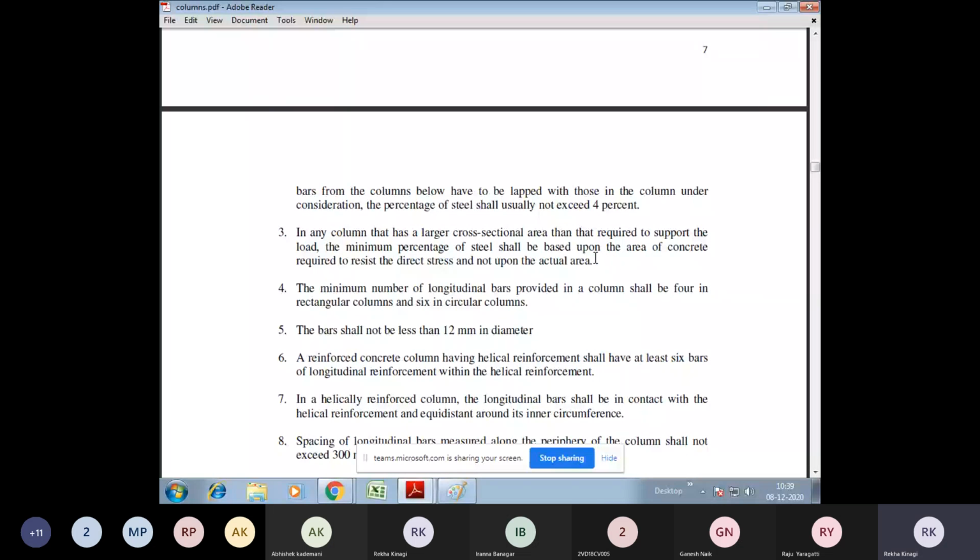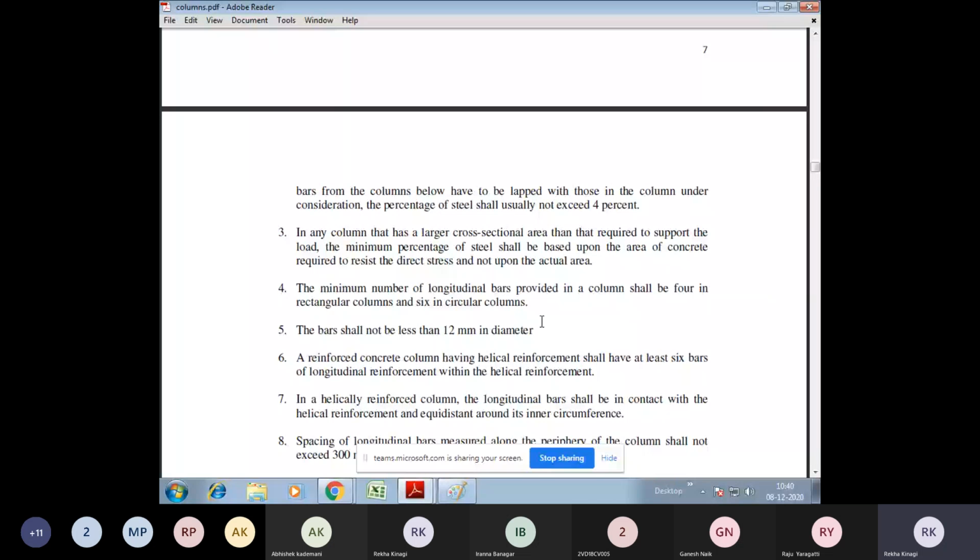The minimum number of longitudinal bars provided in a column shall be 4 in rectangular columns and 6 in circular columns. So if it is a rectangular or a square column, the minimum number of bars is 4, and if it is a circular column, we should have a minimum of 6 reinforcement bars.